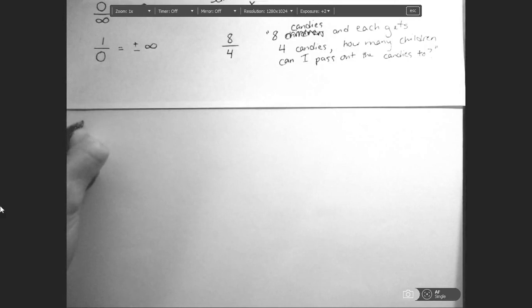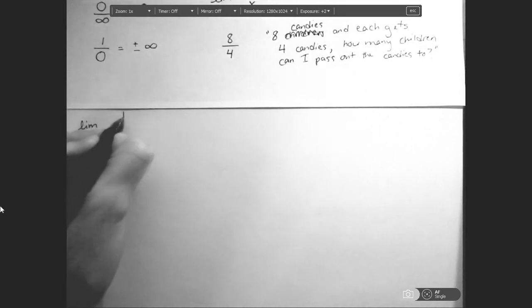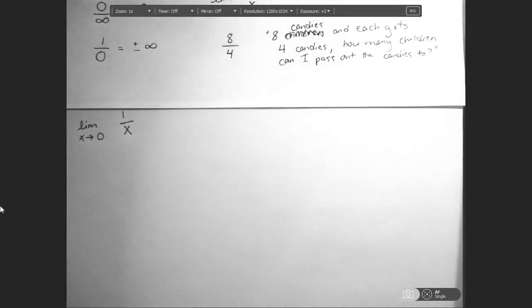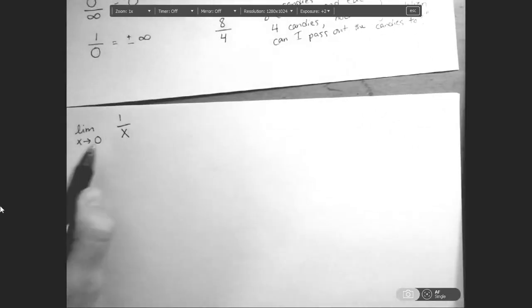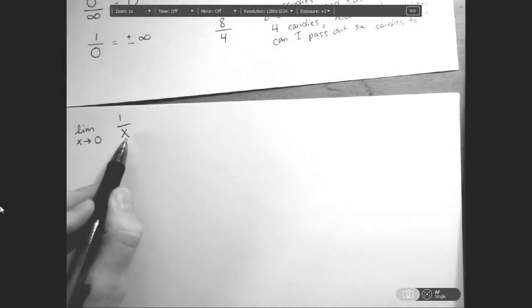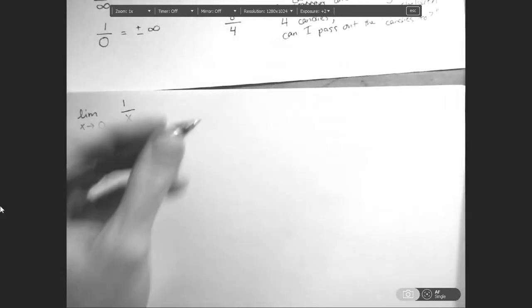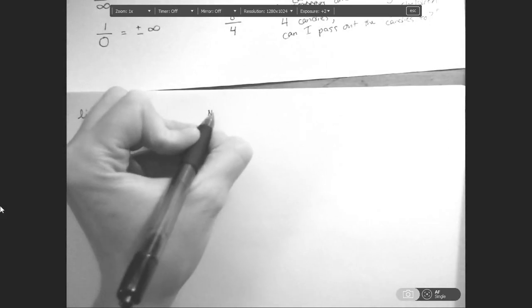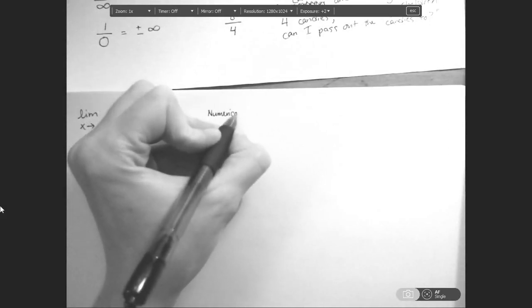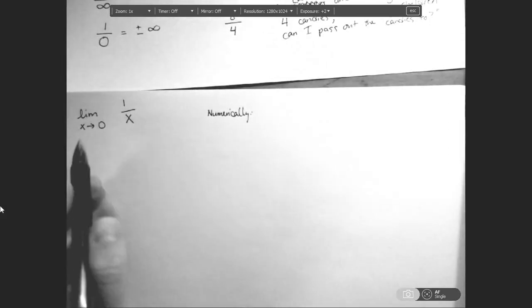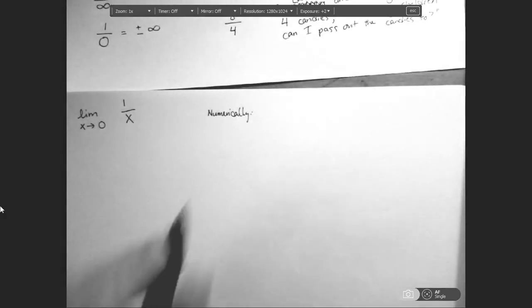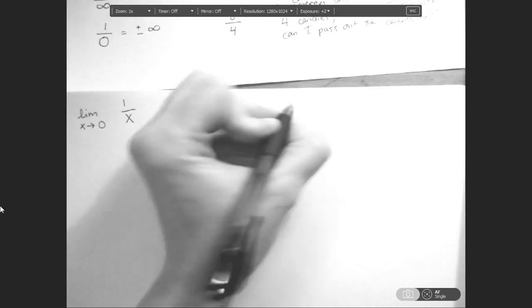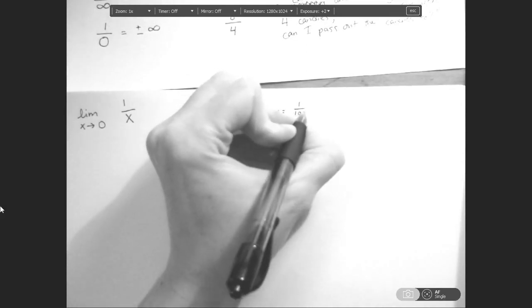Let's think of this as the limit as x approaches 0 of the function 1 over x. When I plug in 0, I see that I get my 1 over 0 result. I can think about this numerically. As my x values get closer and closer to 0, I could maybe try an x value of 1/1000th.